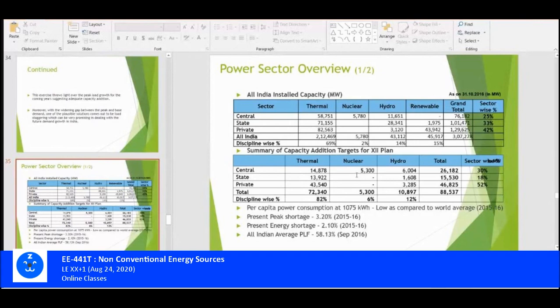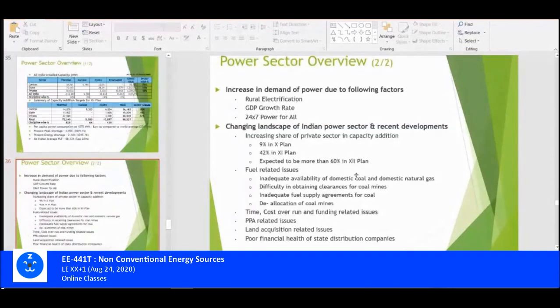Now, increase in demand of power due to following factors: rural electrification, GDP growth, 24/7 power to all. Increase in demand has to be there. If the demand is not increasing, then we can say that we are also not progressing. Changing landscape of Indian power sector and recent developments. Increasing share of private sector in capacity addition. Now, this is very much required because the government on its own cannot have enough capacity addition simply because of lack of funds.